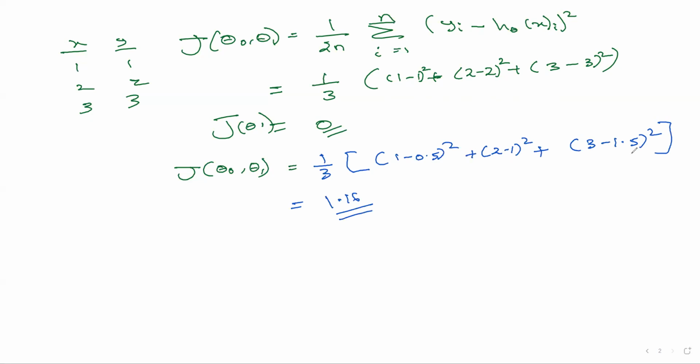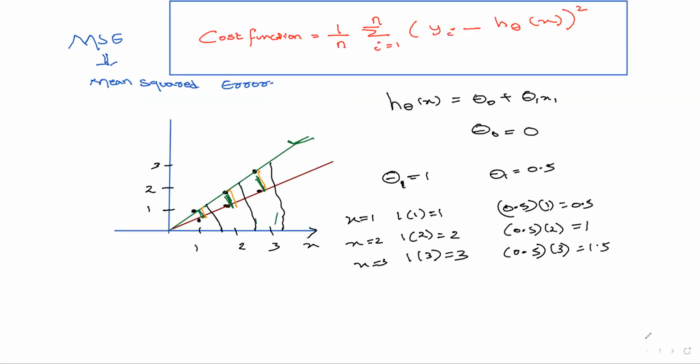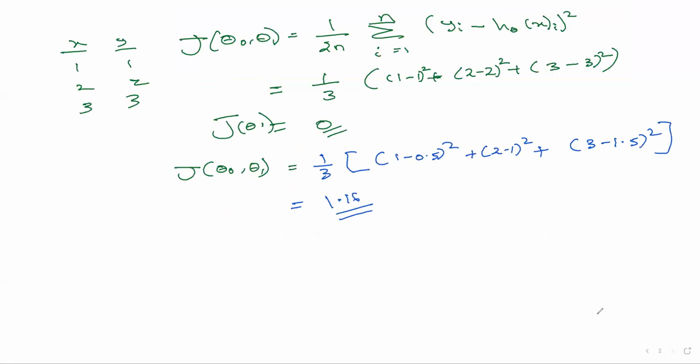Clear? Similarly, if I write theta 1 equal to 0, because my aim is to come here only, then what will happen? 0 multiplied by 1 equals 0, 0 multiplied by 2 equals 0, 0 multiplied by 3 equals 0, hence the total is 0.